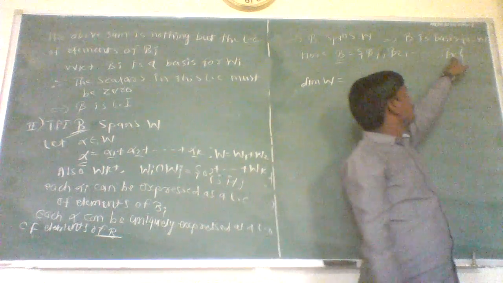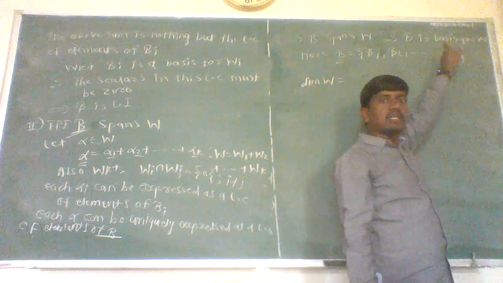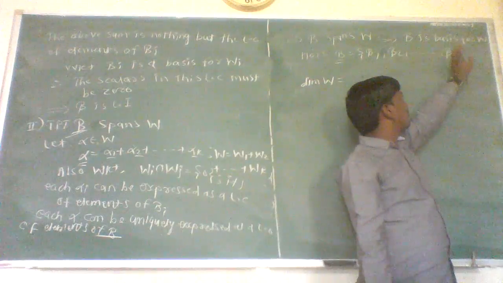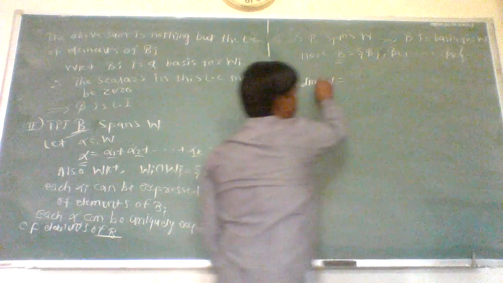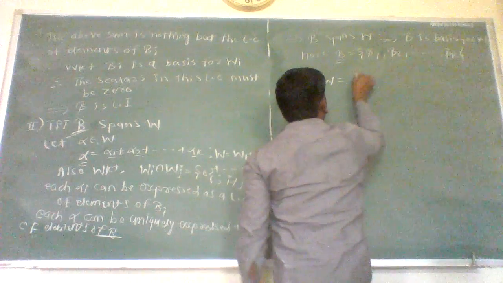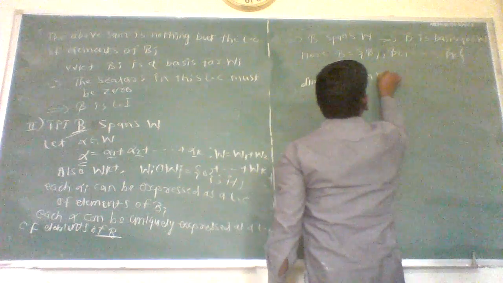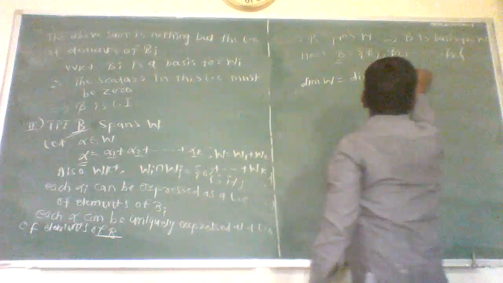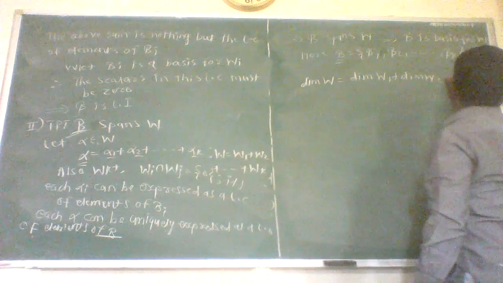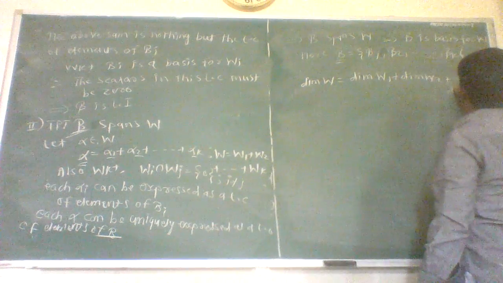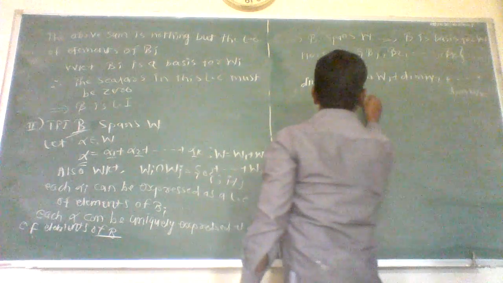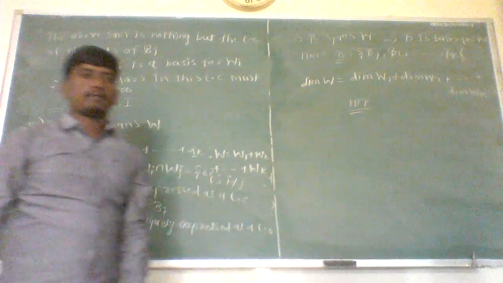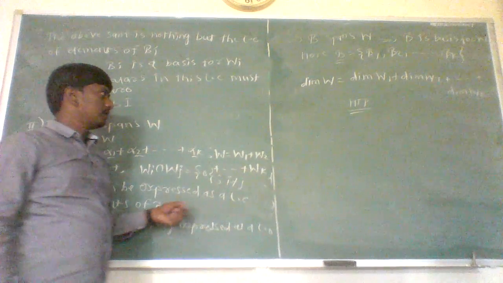Up to so on, number of elements in Bk is nothing but the dimension of Wk. Therefore, dimension of W is nothing but dimension of W1 plus dimension of W2 plus up to so on plus dimension of Wk, and hence the proof, which is the required result.